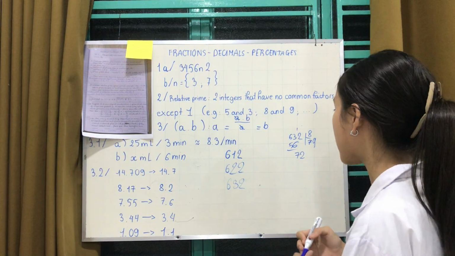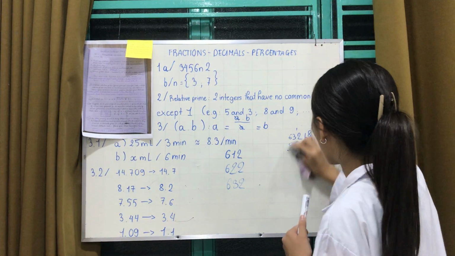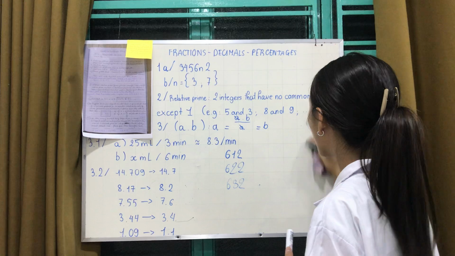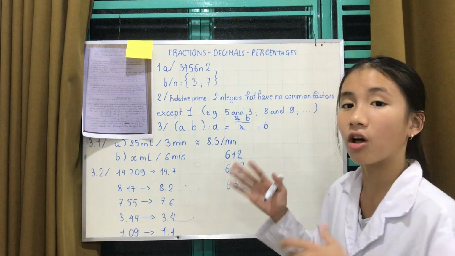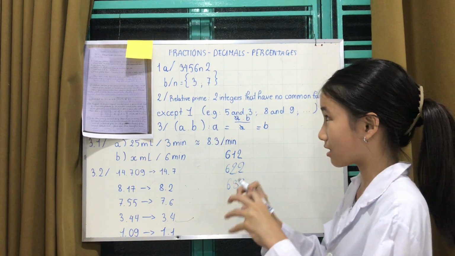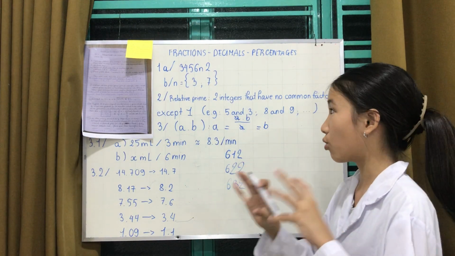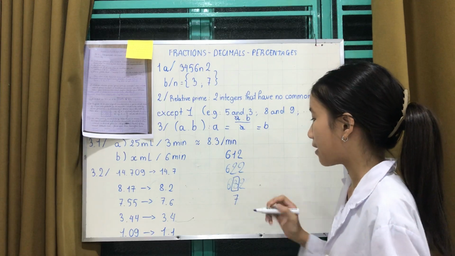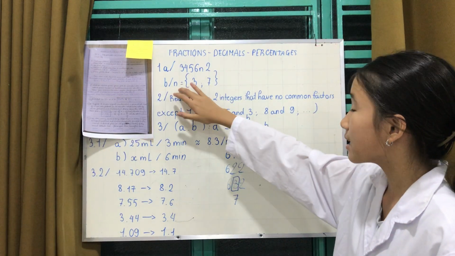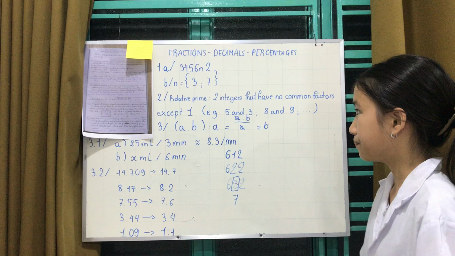So that will be 79, and there are no numbers left. There are no remainders. Next, we just move on and on until we get to a number that is actually divisible by 8 with no remainders. There are only two numbers in here, 3 and 7. So my answer is n equals 3 and 7.